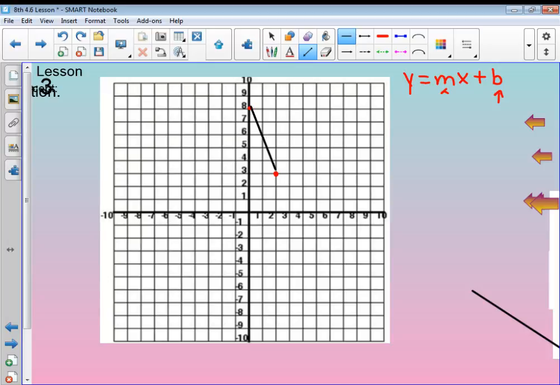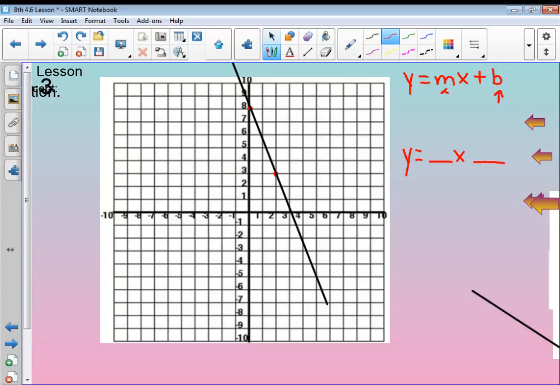Okay, so I'm drawing my line here really quick. Okay, so there's my line. So we have y equals our slope x, and then where it's crossing our y line. This time it is crossing at +8, so we're going to say +8 in the back. And now we'll check our slope.